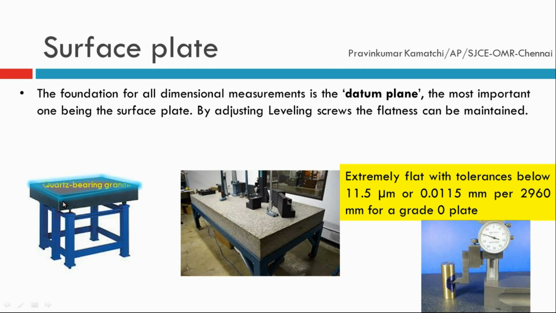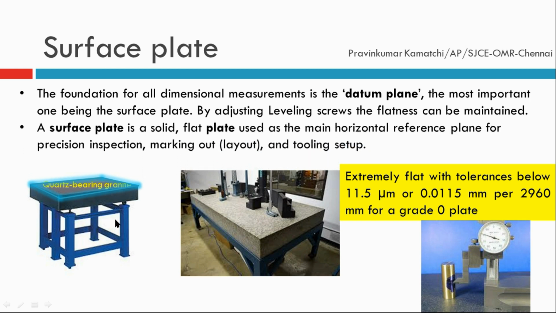Generally, surface plates are made of solid materials, and they are extremely flat with a tolerance up to micro level. It may vary depending upon the grades of the plates. We have grade 0, grade 1 and grade 2 plates available in the market.